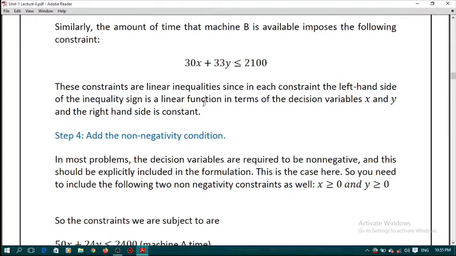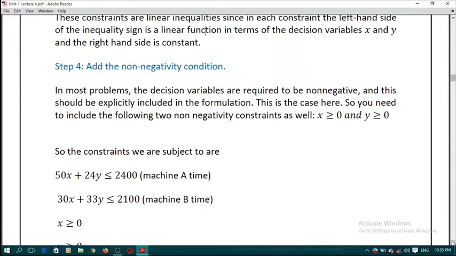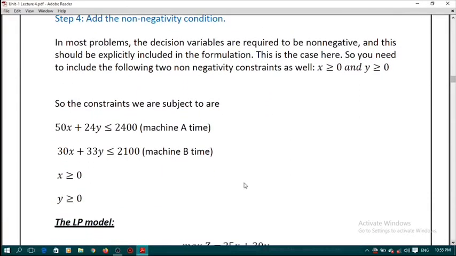Now the last step is to add the non-negativity condition. So here, in most problems, the decision variables are required to be non-negative, and this should be explicitly included in the formulation. This is the case here, so you need to include the following two non-negativity constraints as well.